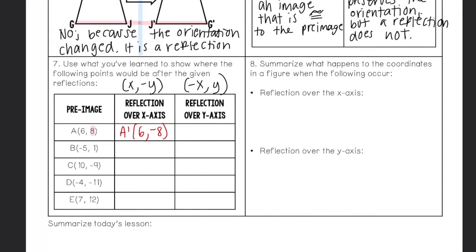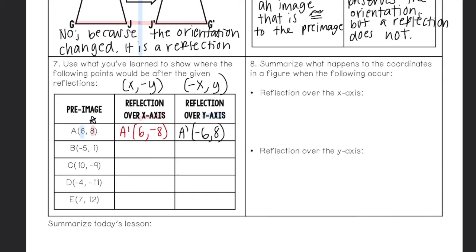Then, if I'm reflecting over the y-axis now, I need to take the opposite of x. That's what my rule says. So if I take the opposite of x, my A prime would be negative 6, and I'm starting from my original here, positive 8. Okay?